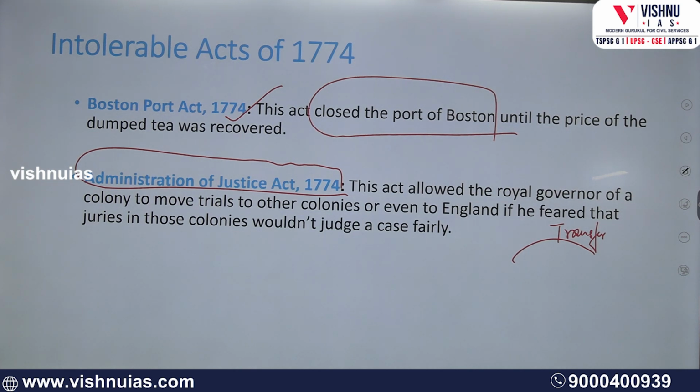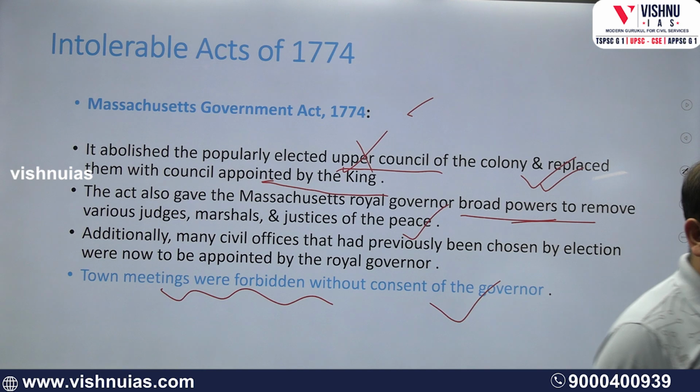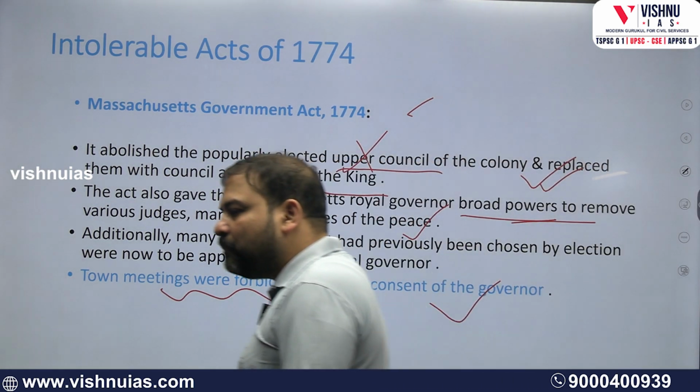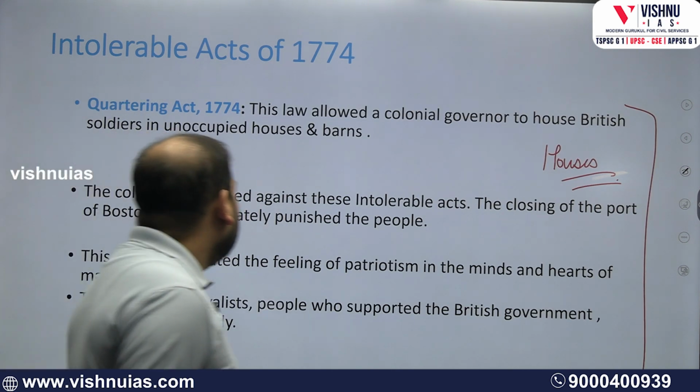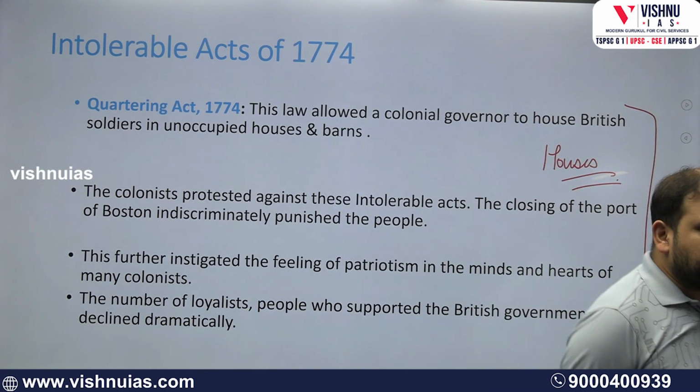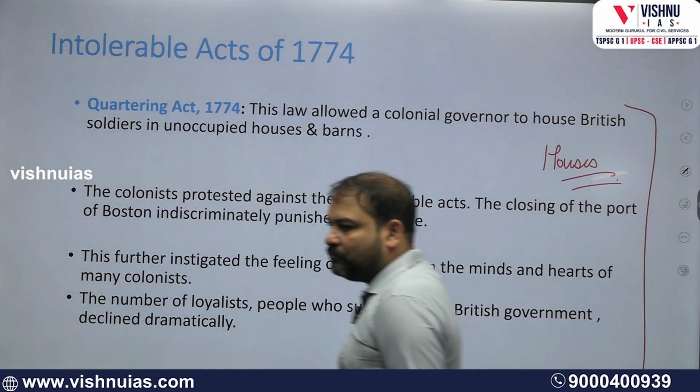Administration of Justice Act 1774. Next one, Massachusetts Government Act 1774. Last one, Quartering Act 1774.